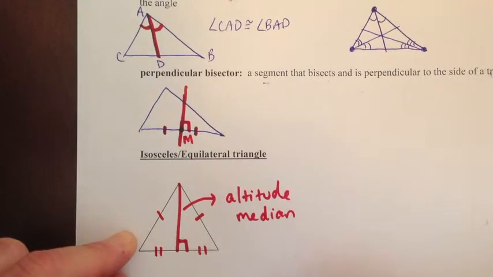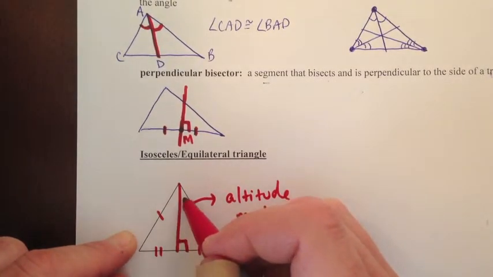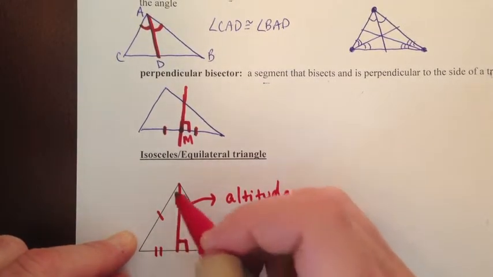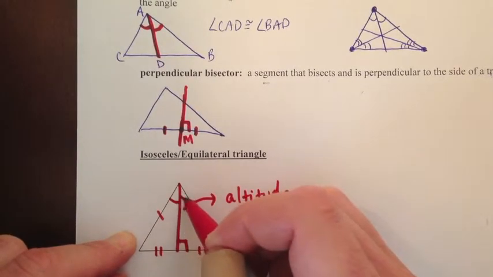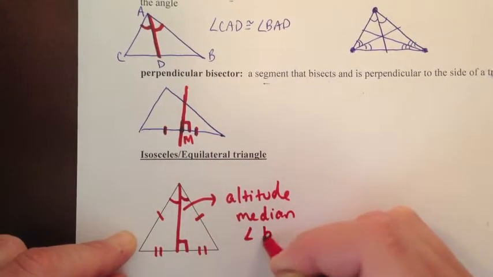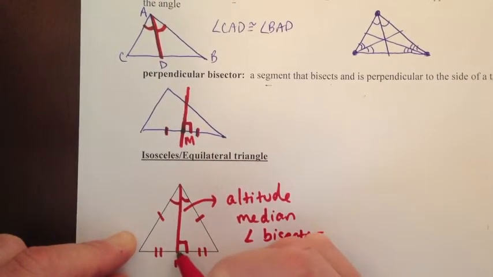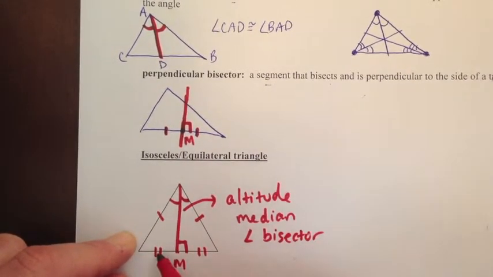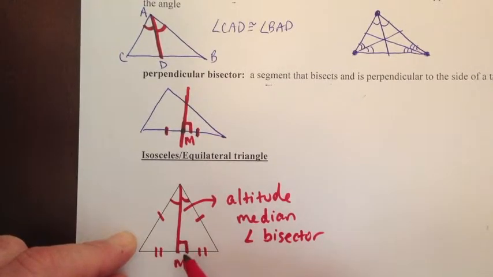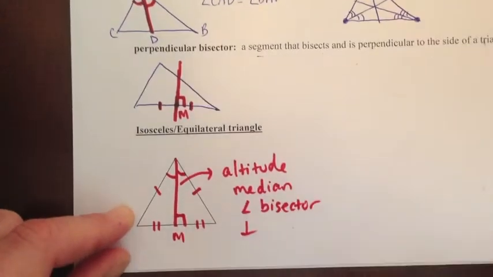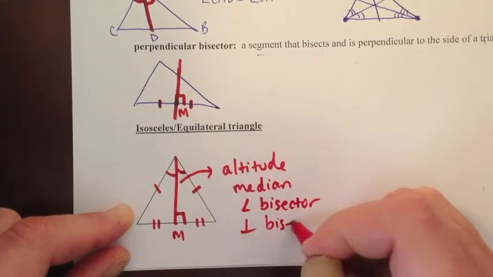It's also going to bisect these 2 angles at the top, which makes it an angle bisector. And because it creates a midpoint, and it's also 90 degrees, it's a perpendicular bisector.